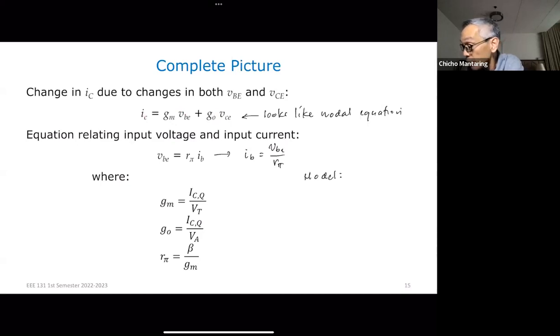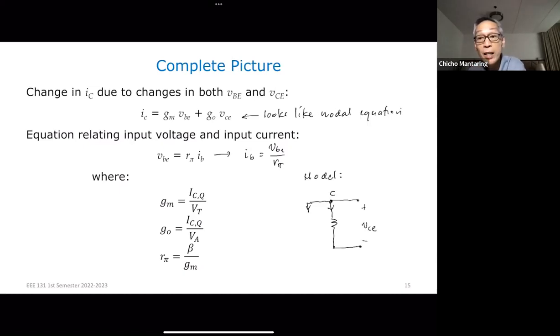So if this is my collector terminal, okay, let's say this is my collector. I have two currents. Okay, two currents. One from a resistor. So this is now my VCE.